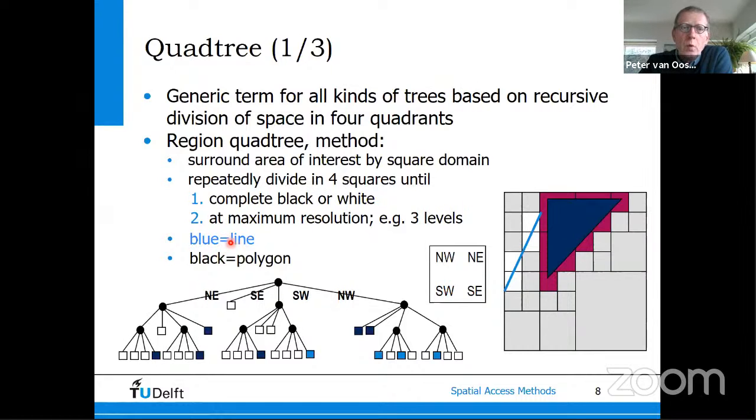In blue, I have a line, and this line is kind of approximated with the highest resolution by these 4 cells in the Quadtree at the bottom level. And they are located over here at the bottom. And you can find them by traversing the tree.